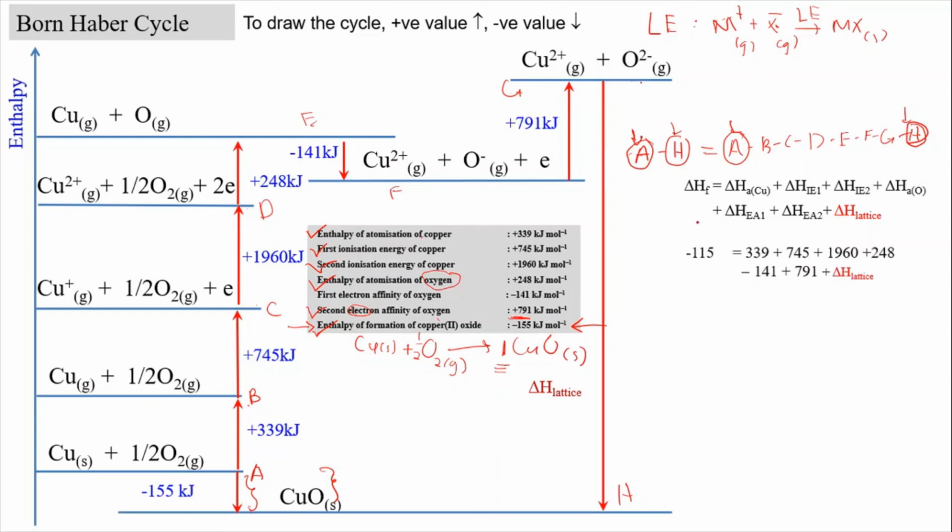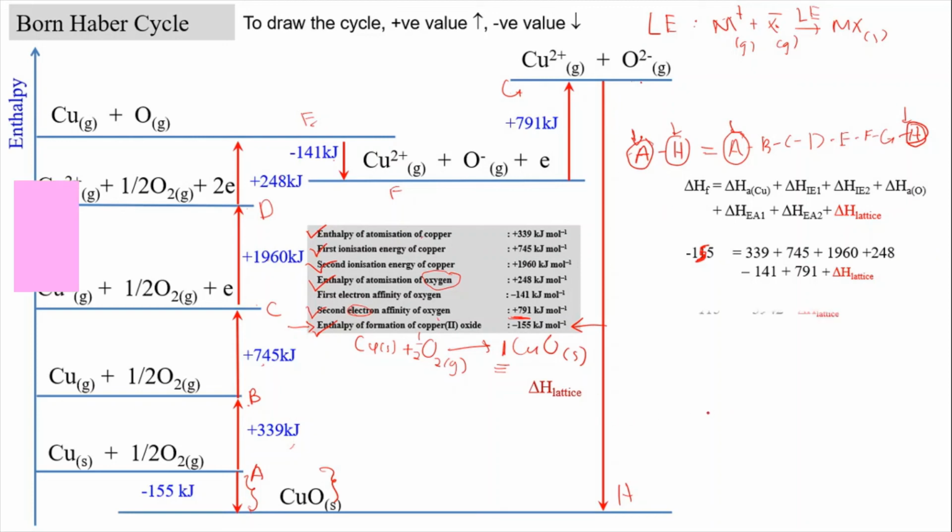So if you were to write it, negative 155 is equal to the energy change of the copper, which is 339 plus 745 plus 1960 plus 248 plus minus 141, because it's negative here, plus 791 plus lattice enthalpy.